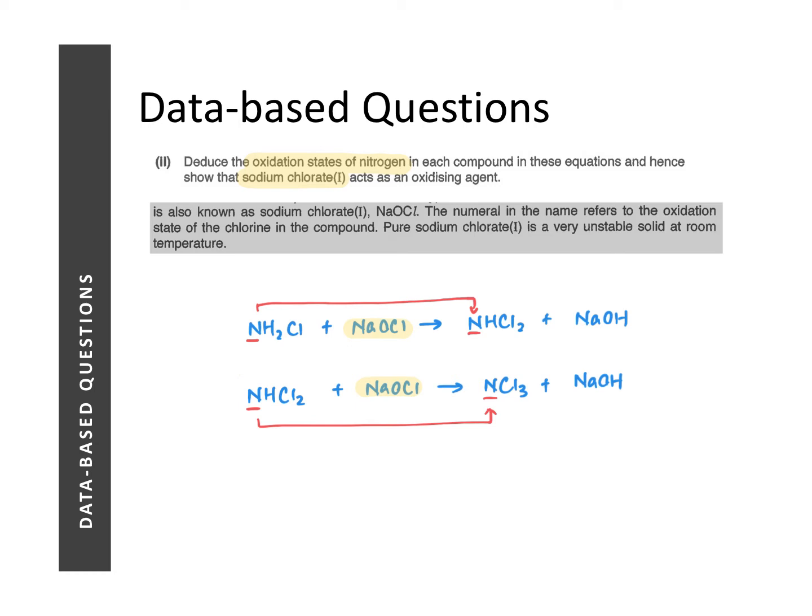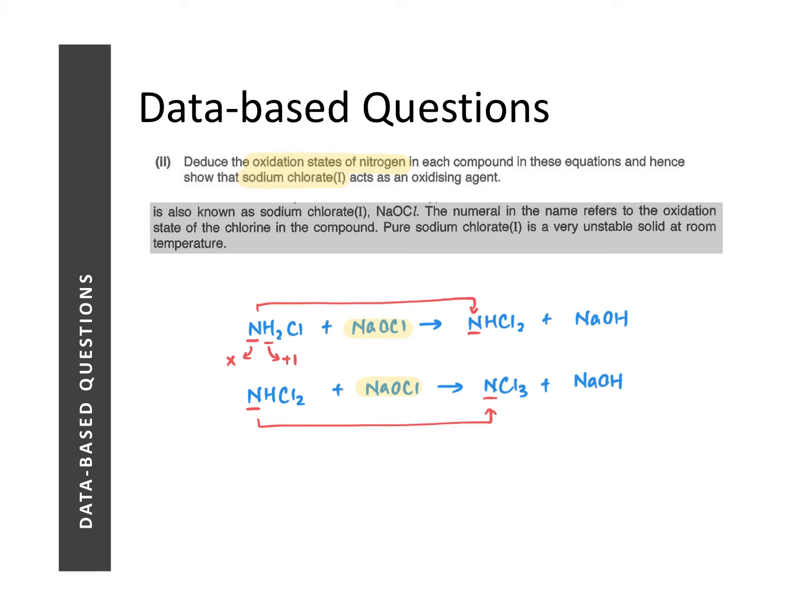The first of which would be your chloroamine, NH2Cl. Since we want to find the oxidation state of nitrogen, we let it be X. What is the oxidation state of hydrogen? If you can recall, hydrogen has a fixed oxidation state in compounds, and the fixed oxidation state is +1. How about chlorine?